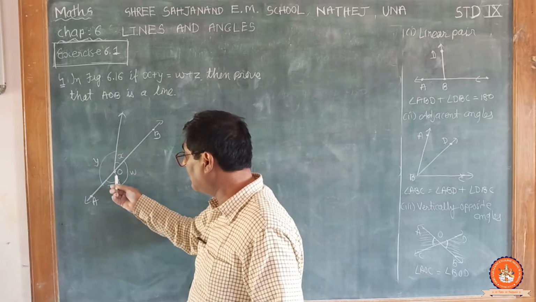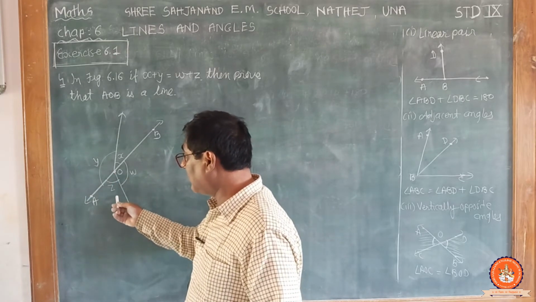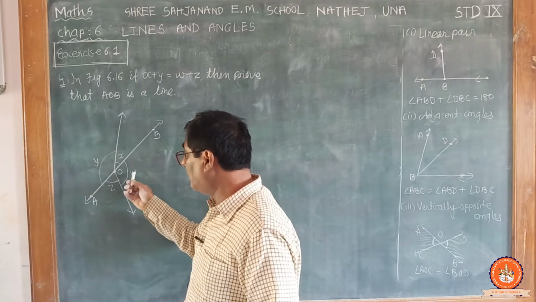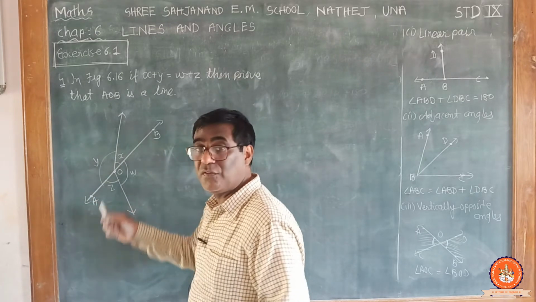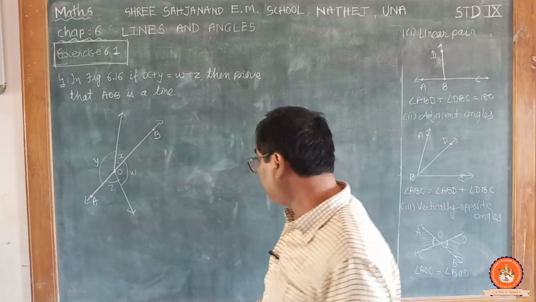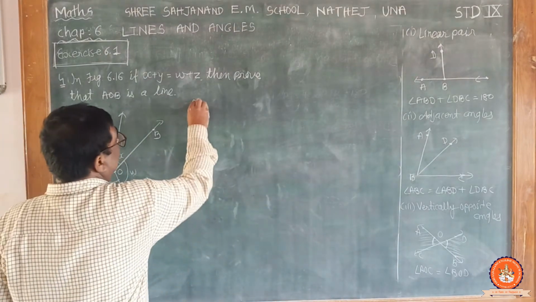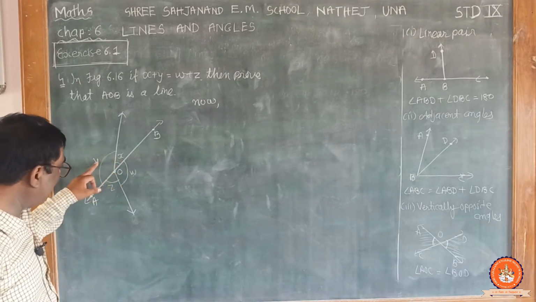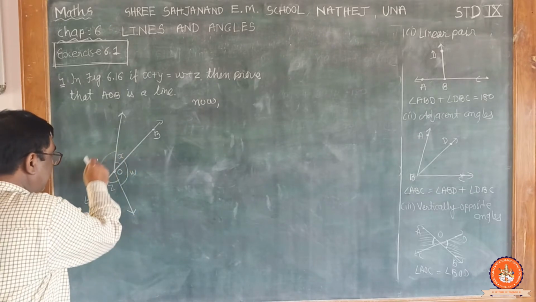So we need to prove that either x plus y is equal to 180 or w plus z is equal to 180. So look at it, w plus z, these are two adjacent angles. If w plus z is equal to 180, then their non-common arms OA and OB will form a line. Okay, my friends. Now we know that x plus y plus z plus w, these four angles complete a circle.